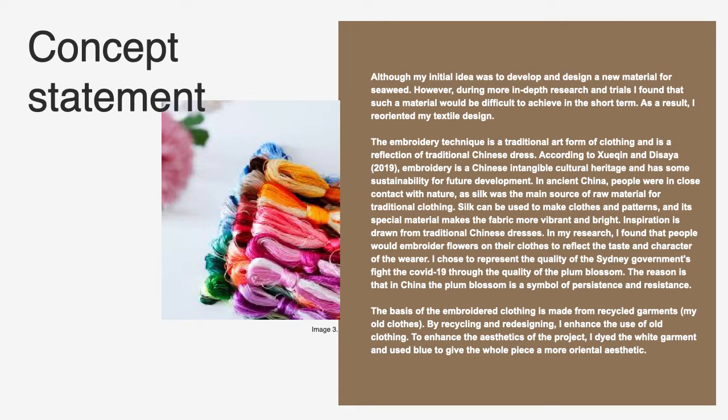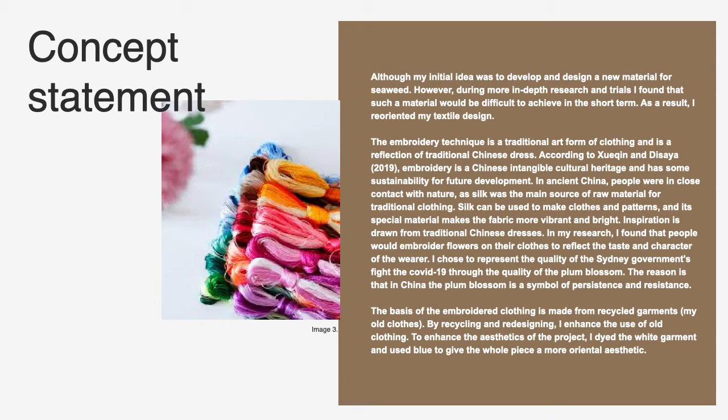The embroidery technique is a traditional art form of clothing and it's a reflection of traditional Chinese dress. According to Xu Qing and Desire 2019, embroidery is a Chinese intangible cultural heritage and has some sustainable ability for future development.